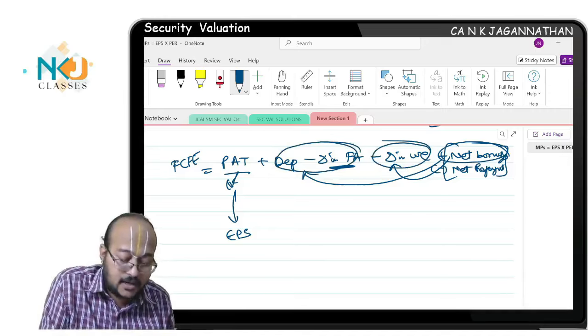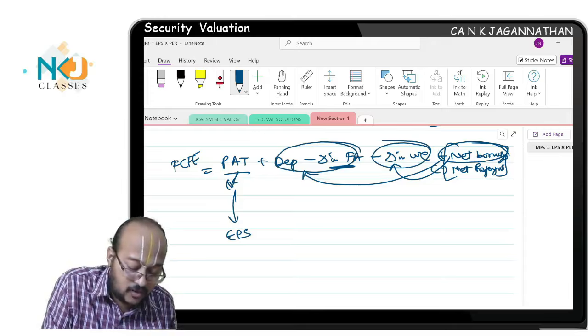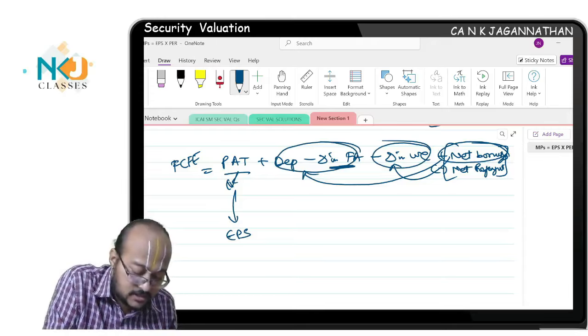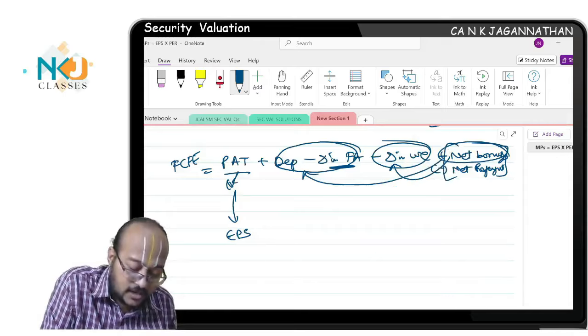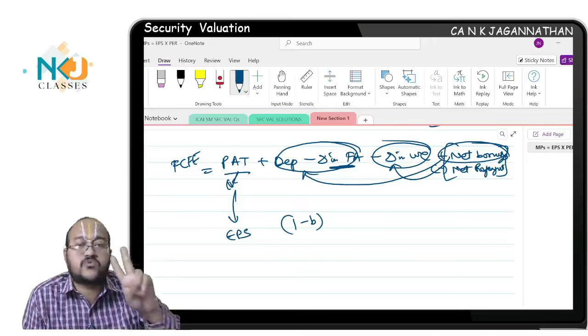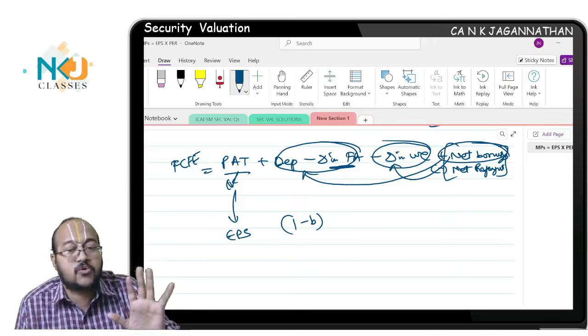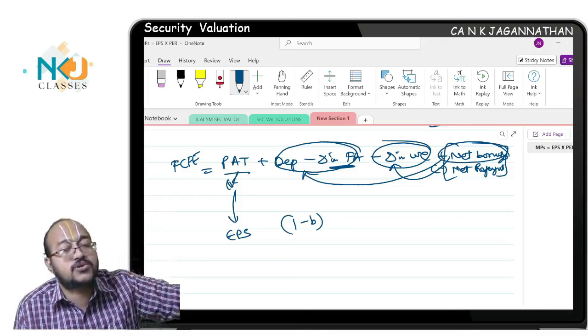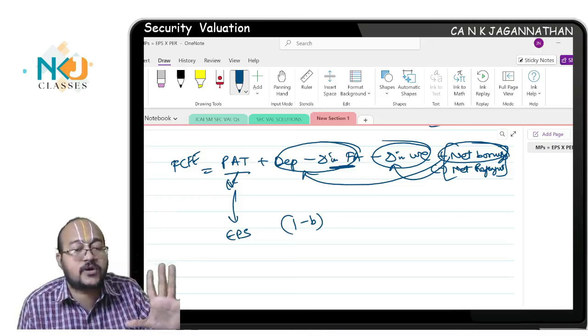How to adjust? Very simple: 1 minus the borrowing rate. 27% is the debt holders' share, which you will reduce because we are computing FCFE.